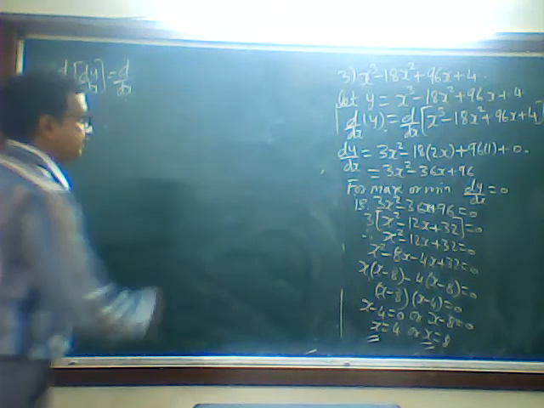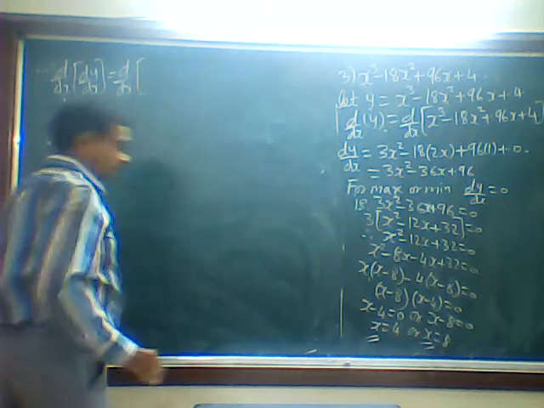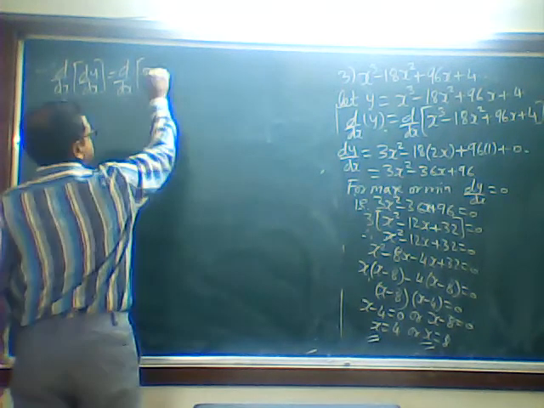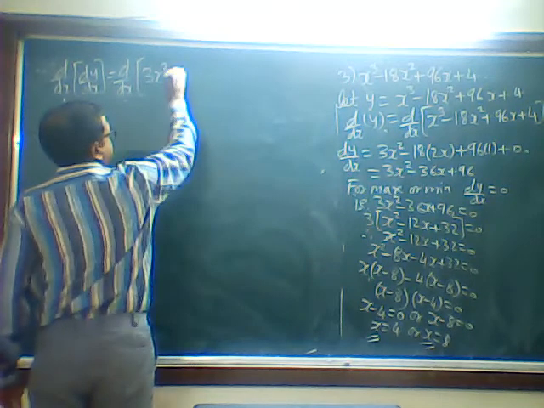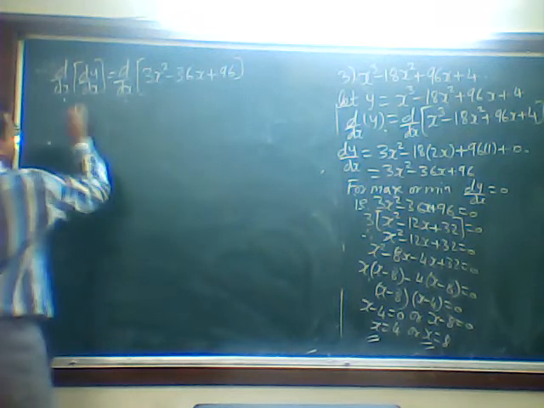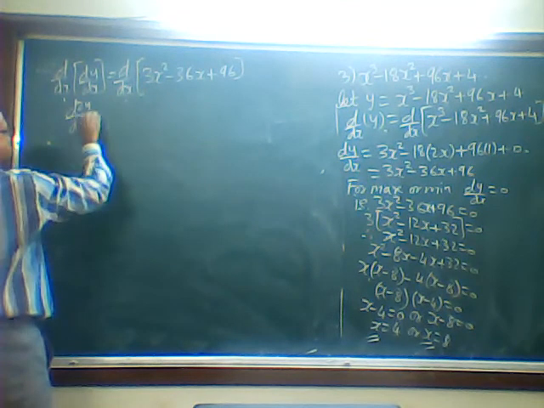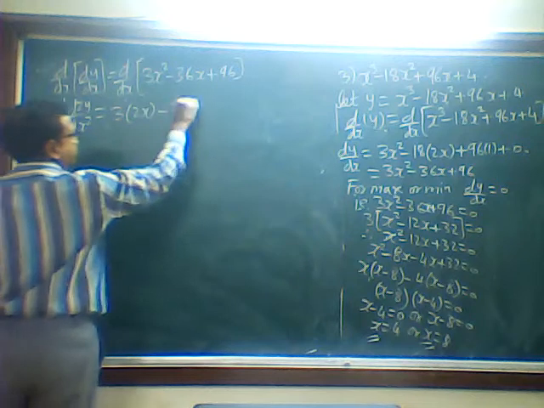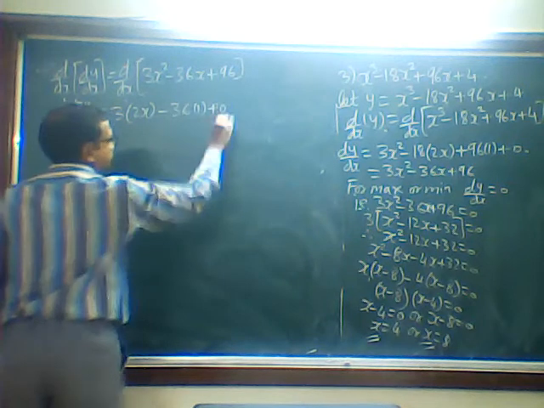So dy by dx, what is dy by dx? This one, 3x square minus 36x plus 96. 3 and x square will become 2x minus 36 into 1 plus 96 is 0.